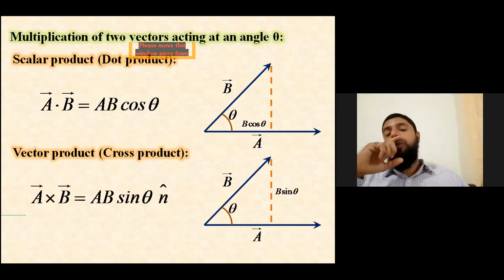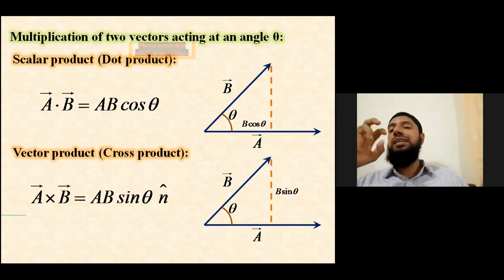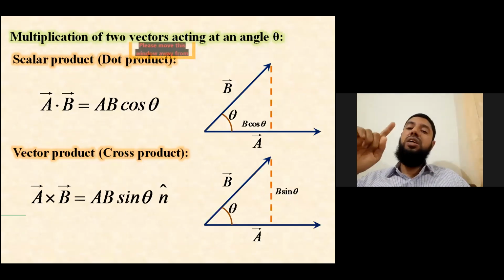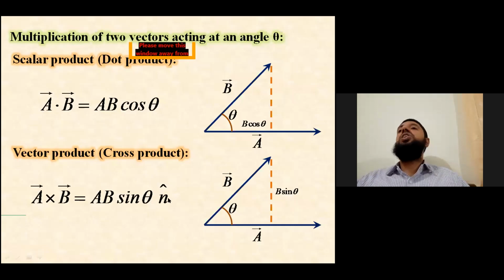The product from the scalar, or dot, product is purely a scalar quantity. It will not have any direction. But the value from the vector product contains magnitude as well as direction. That direction is denoted by n cap, the direction of the product of two vectors.